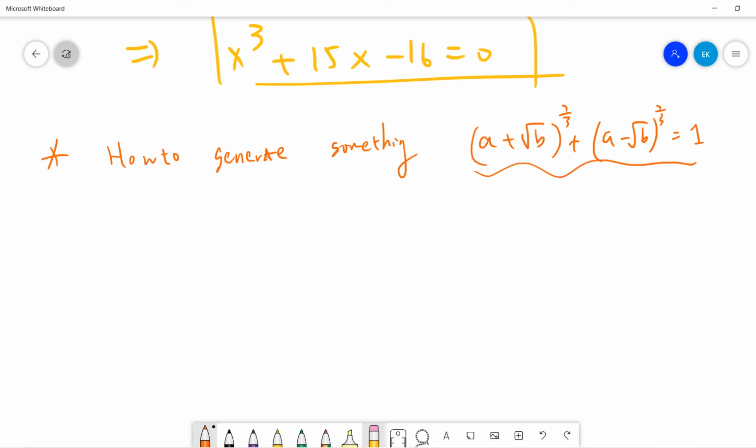Suppose this is your goal, to find a solution. One solution is that a is 8, and b should be 3 squared times 21.